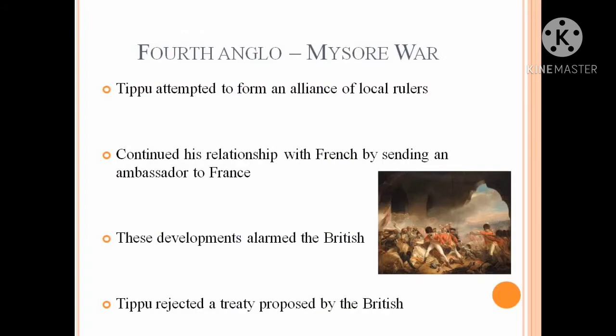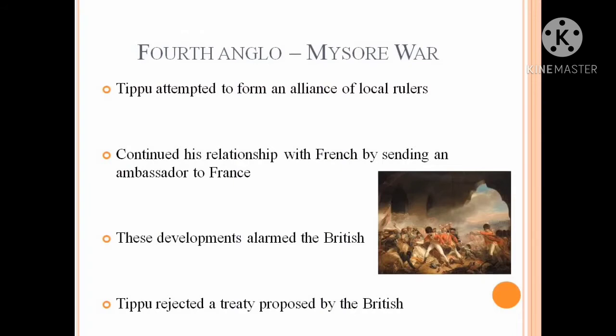That's why he wanted to increase his power and he strengthened his fort at Srirangapatna and increased the army. He wanted to take the help of the French and continued his relationship with the rulers of Turkey, Afghanistan, etc. So this alarmed the British.